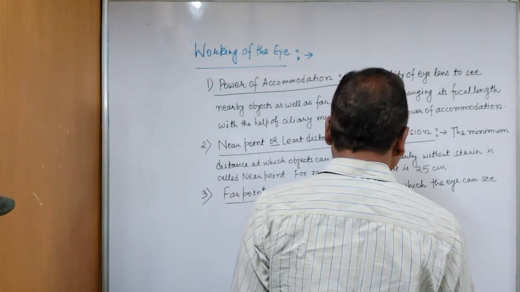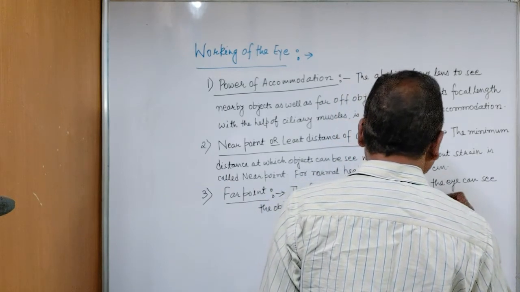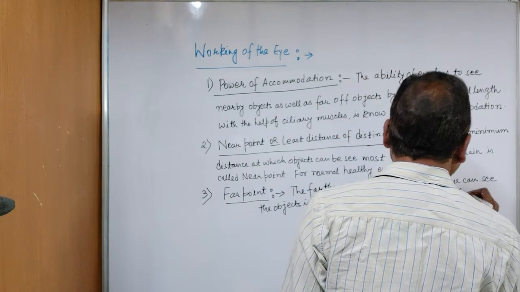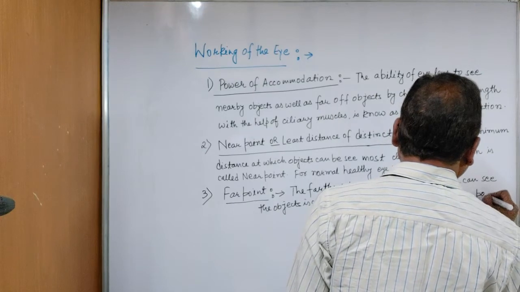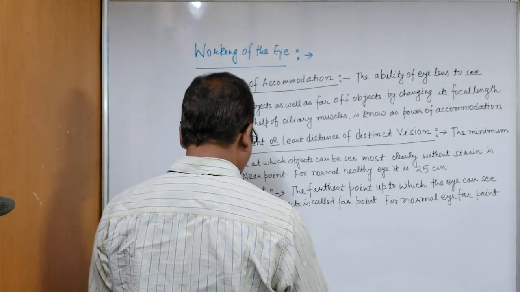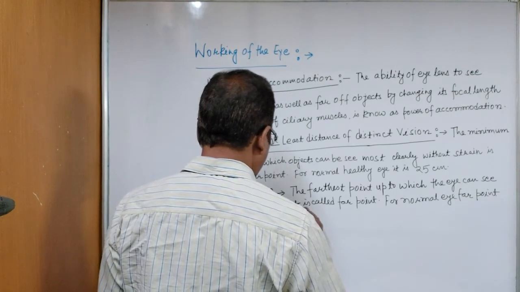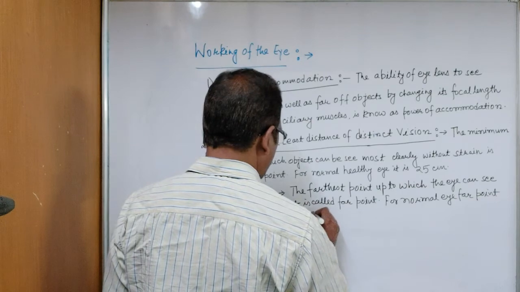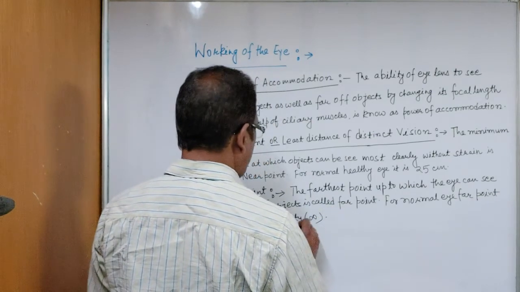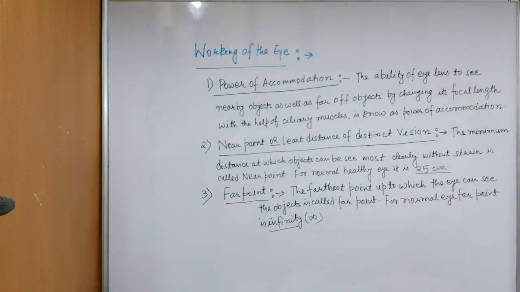And for a normal eye, far point is infinity. Far point is infinity. So must remember these points.